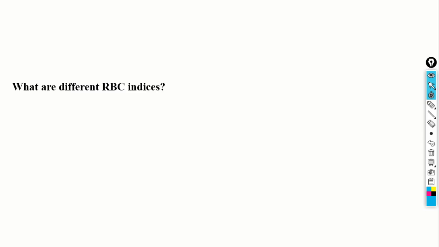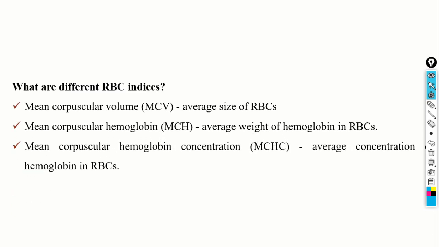So what are the different RBC indices? We know that we have mean corpuscular volume. Mean corpuscular means cell, right? So mean cell volume means average size of the RBC. Mean corpuscular hemoglobin, MCH, means average weight of the hemoglobin in RBC.